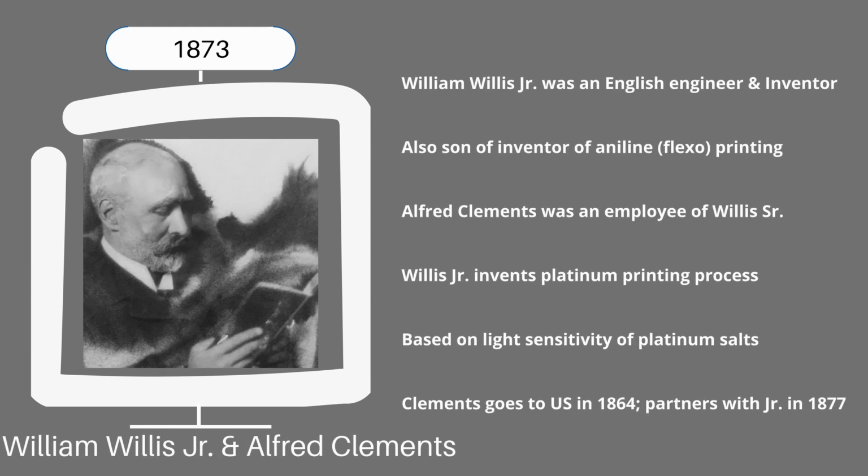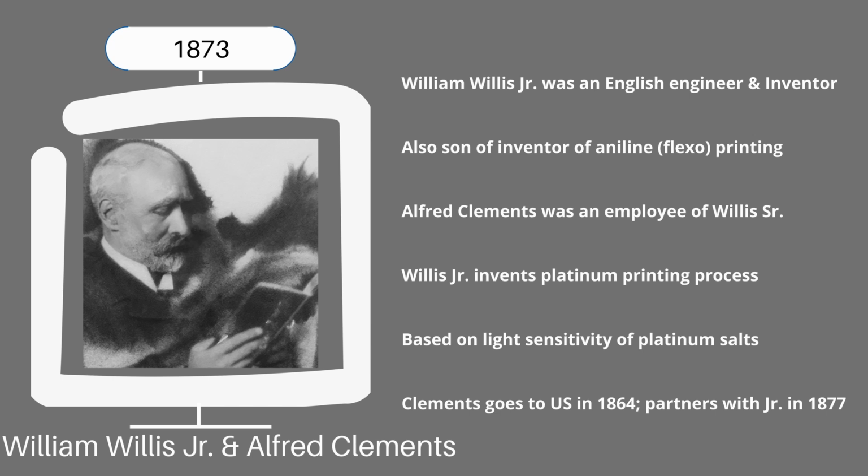Son of the person who invented aniline printing, which is now known as flexography, William Willis Jr. was an English engineer and inventor. In an effort to elevate the status of photography to that of fine art, he began looking at different ways to make prints from negatives.